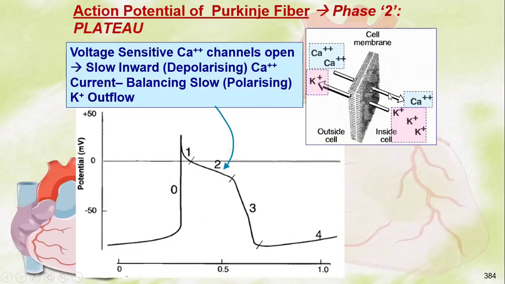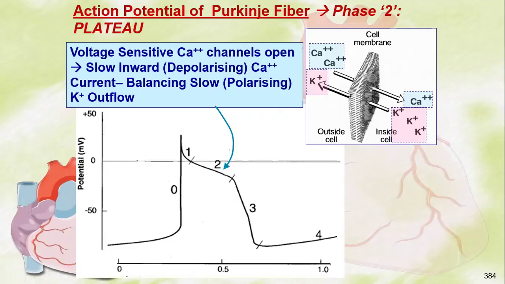When calcium is moving from outside to inside and potassium is moving from inside to outside, for a small period of time the action potential will remain stable. And why does it remain stable, or become a plateau? Because the cell is losing cations as well as getting cations. So for a very small period of time, your action potential will remain stable, and that's why we call it the plateau phase.